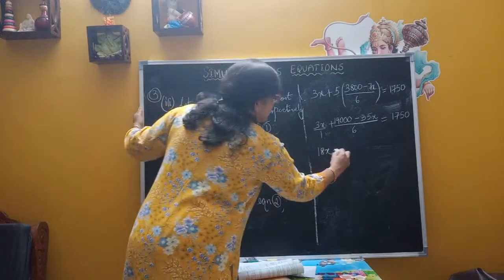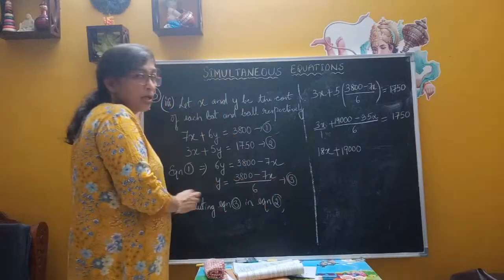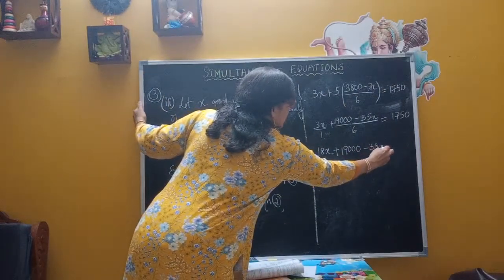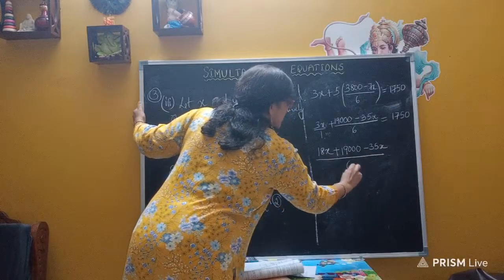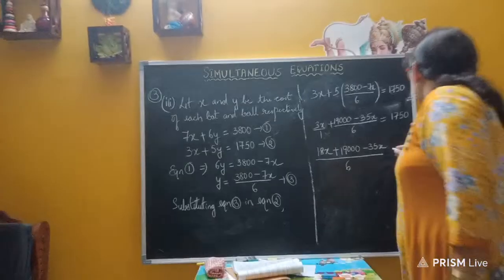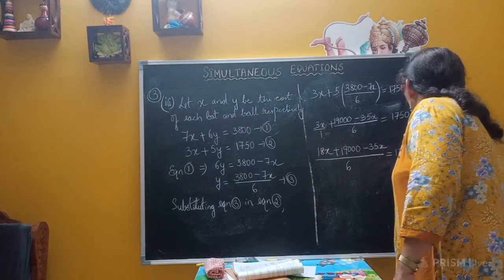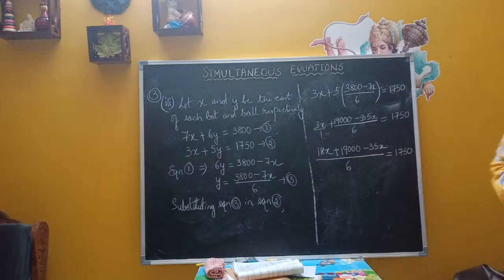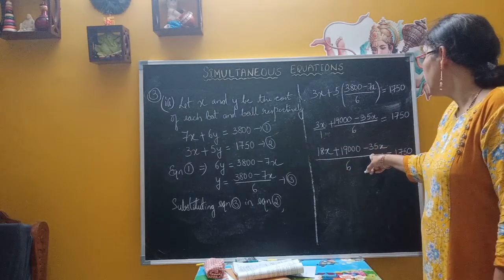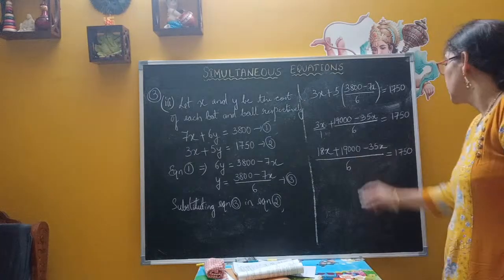18x plus 19,000 minus 35x, whole divided by 6, is equal to 1750. So simplify. 18x minus 35x, how much do we get? It is 17x.